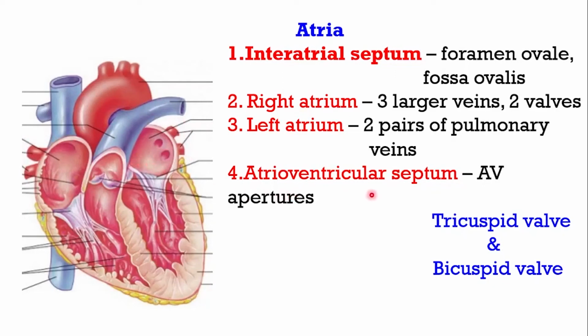We find the atrioventricular septum in between the atria and the ventricles. And this septum bears the right AV aperture and left AV aperture. The right AV aperture is guarded by the tricuspid valve and the left one is guarded by the bicuspid valve, which is also known as the mitral valve.